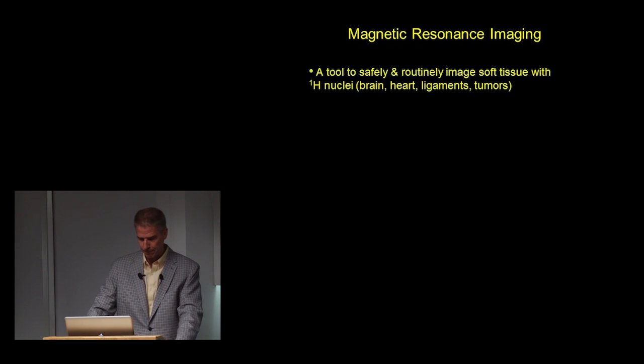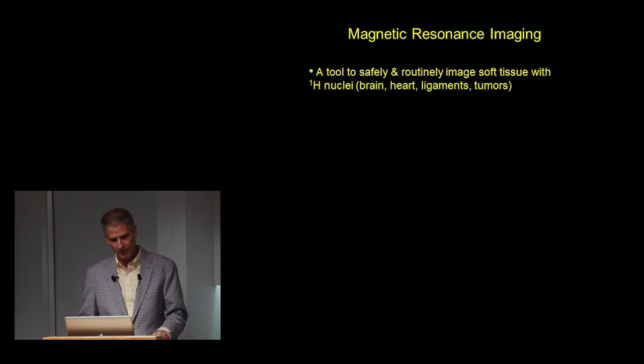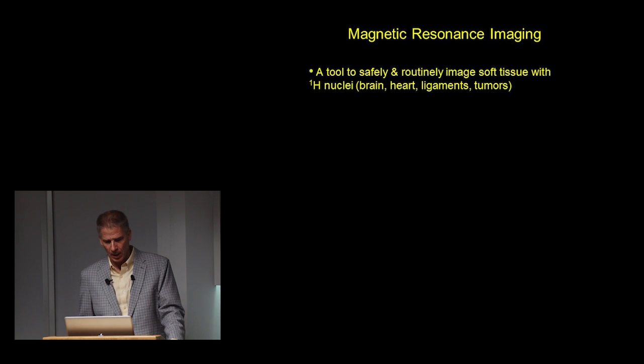And of course it's profoundly changed psychology and given rise to this entire field of cognitive psychology. If you go to the annual meeting of the Society of Cognitive Neuroscience, it's essentially 90% plus uses this technique, fMRI, which is a particular type of magnetic resonance imaging. So it's a tool to safely, routinely image soft tissue.